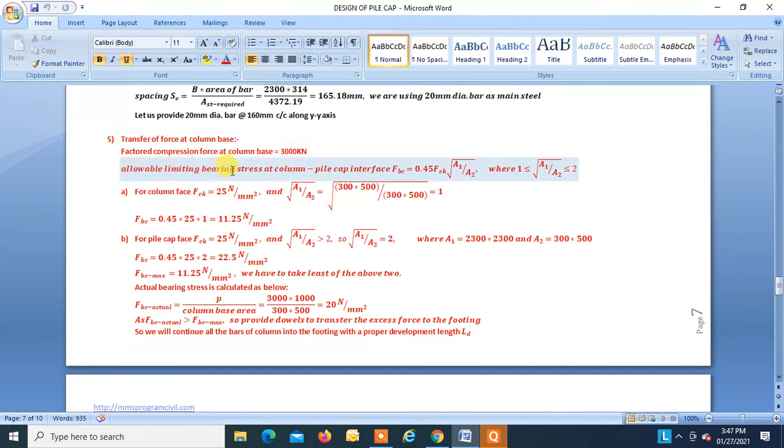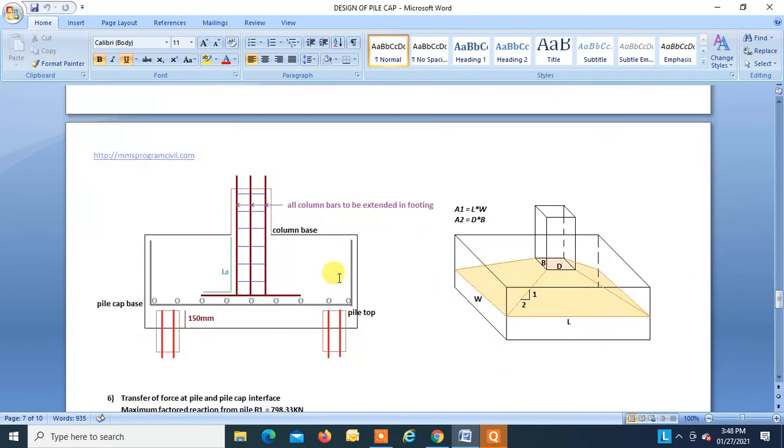Allowable limiting bearing stress at the column pile cap interface is FBC equal to 0.45 fck under root of A1 by A2, where this under root of A1 by A2 is greater than or equal to 1 and less than or equal to 2. Now there are two cases: one, that the column can fail in bearing, or the pile cap can fail in bearing.